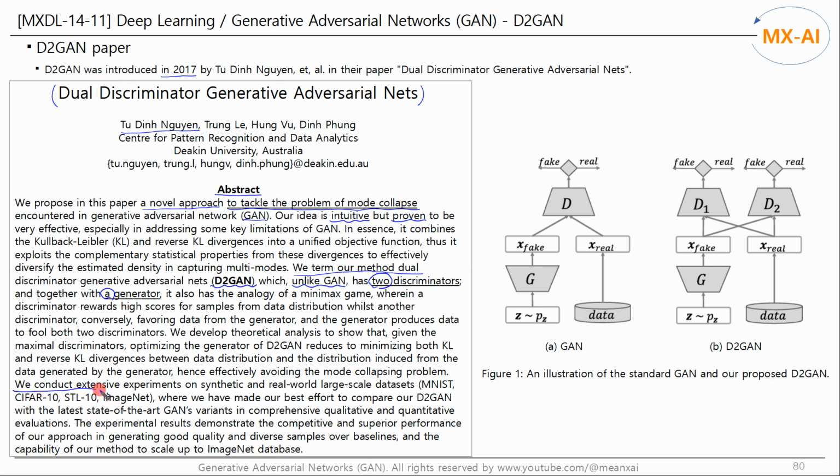We conduct extensive experiments on synthetic and real-world large-scale datasets. The experimental results demonstrate the competitive and superior performance of our approach in generating good quality and diverse samples over baselines.